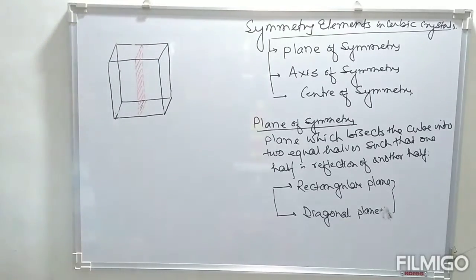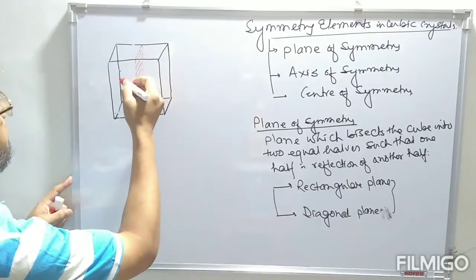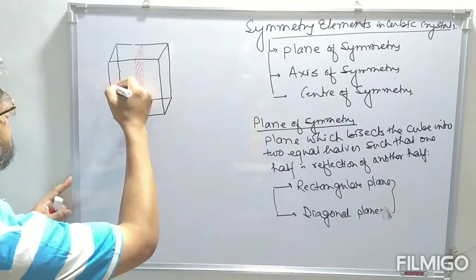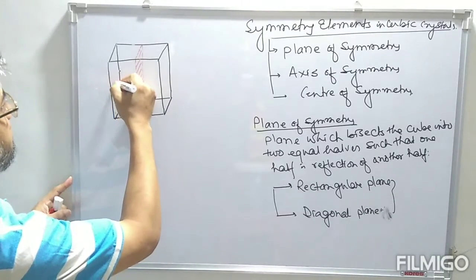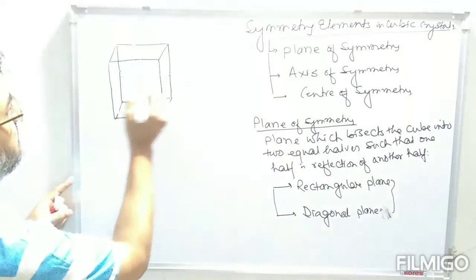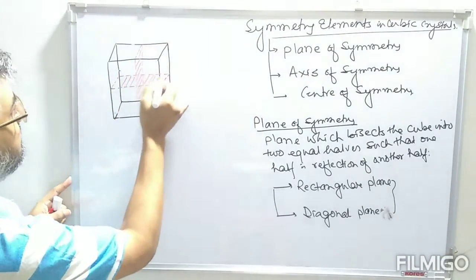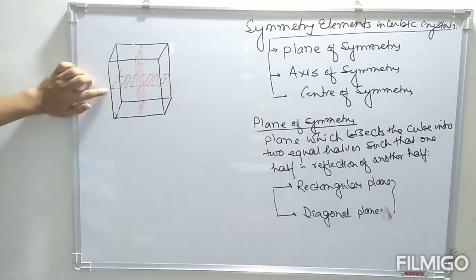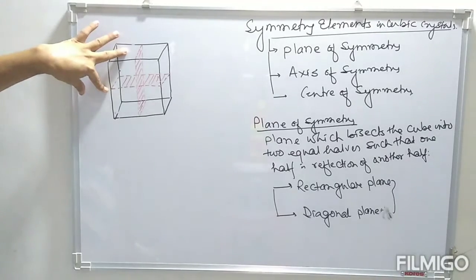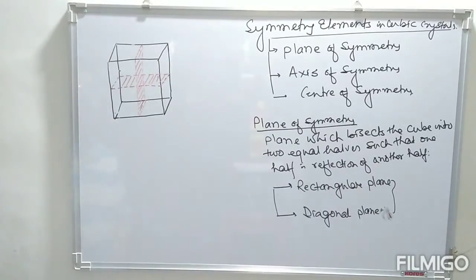So we have a rectangular plane. In the same way, take this plane. This plane also bisects the cube into two equal halves such that the first half and the second half are mirror image reflection of each other.